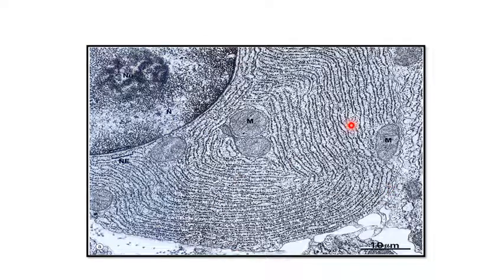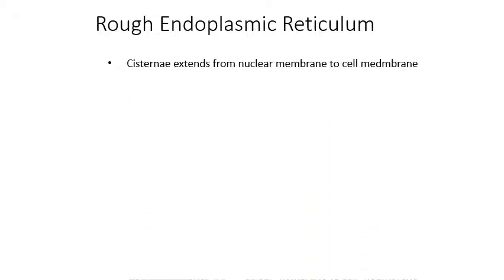This is a highly protein-producing cell, and this is mitochondria. This protein-producing cell contains mitochondria and very well formed rough endoplasmic reticulum. This cisternae extends from the nuclear membrane to the cell membrane.